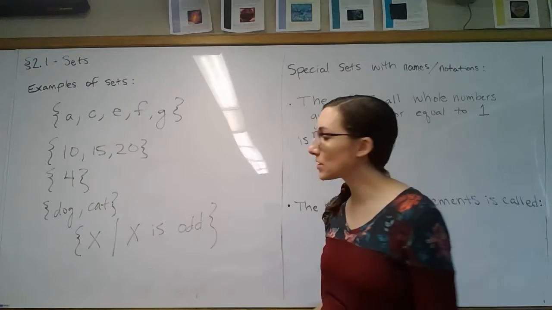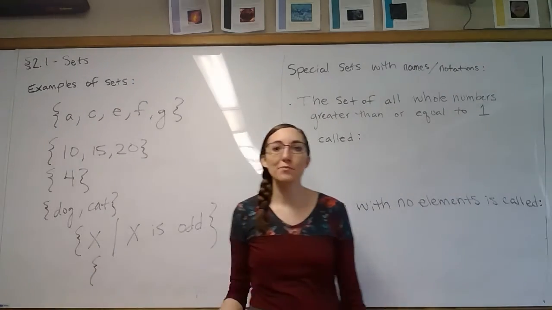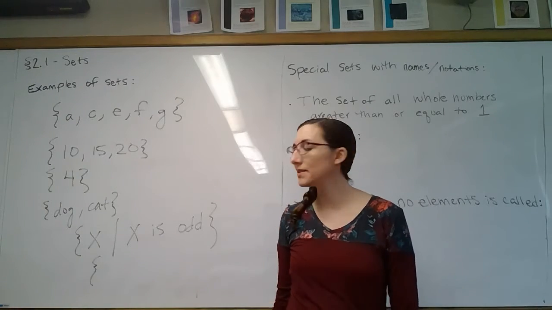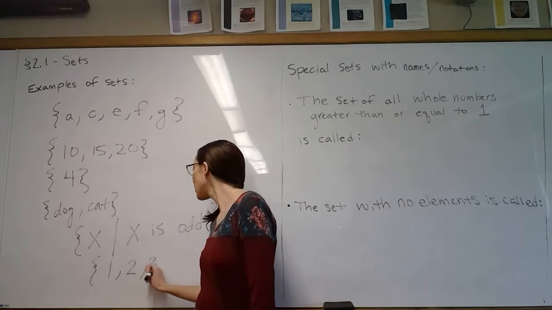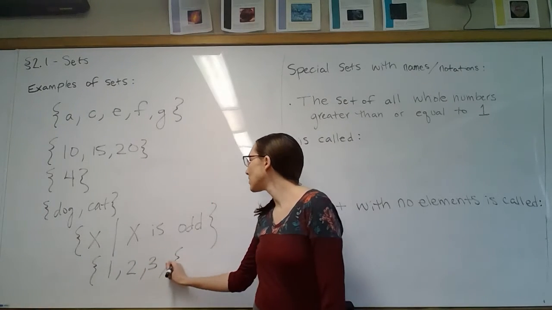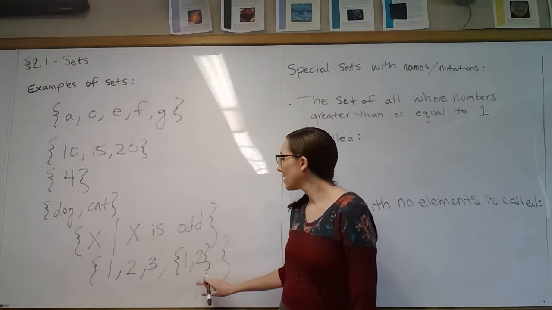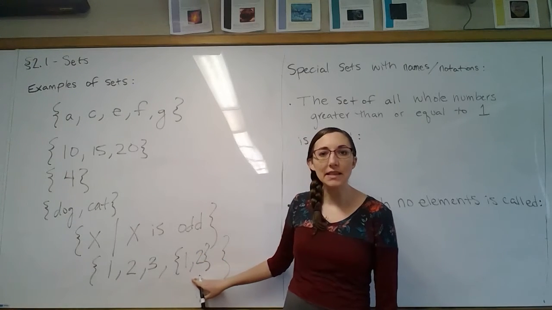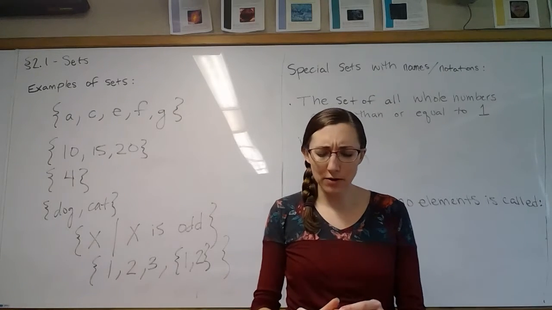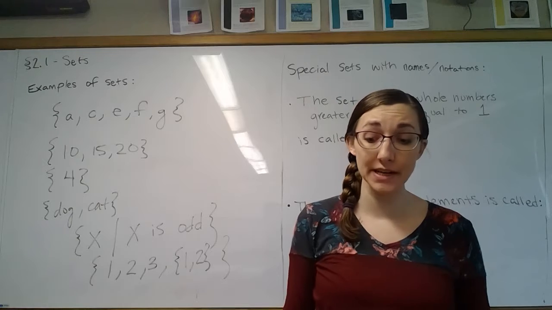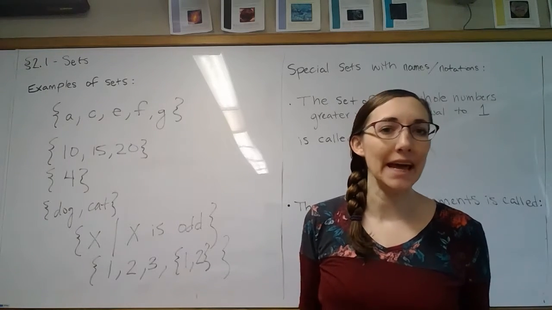We can even do really interesting things where we can have sets that themselves contain other sets. So I could have something like the set containing 1, 2, 3, and it also contains the set of 1 and 2. Notice it's in the list of things. So sometimes when I think about sets, to help me picture it, I think about a set like a box that contains stuff.